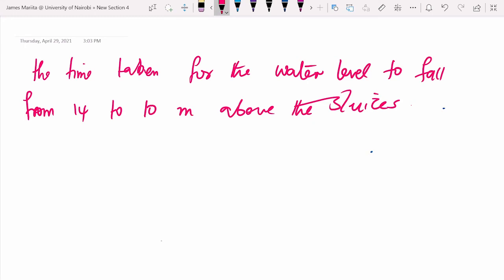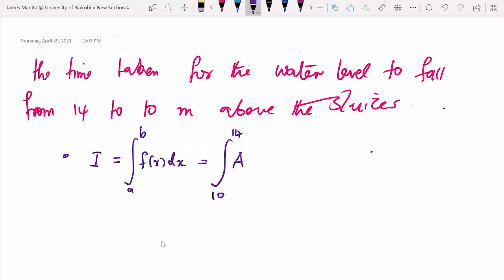What is expected of you is to find the integral from A to B with respect to x, which is the integral from 10 to 14 of A with respect to H.